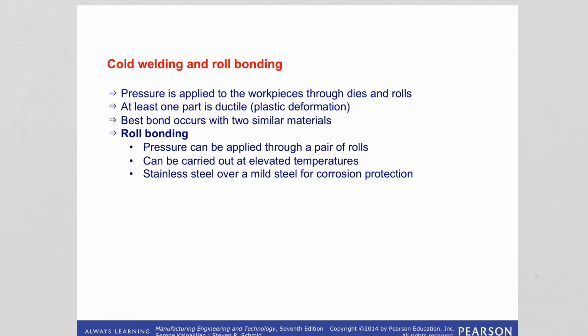In roll bonding, the pressure required for welding can be applied through a pair of rolls. It can be carried out at elevated temperatures. We call it hot roll bonding. One application of roll welding includes cladding stainless steel for corrosion resistance.